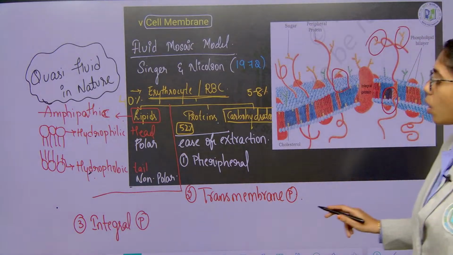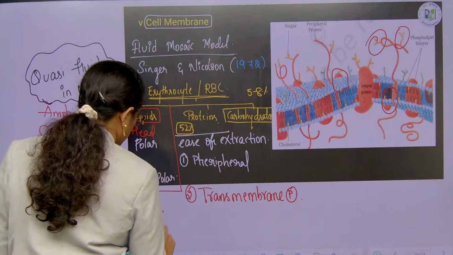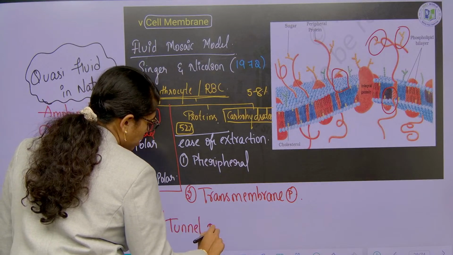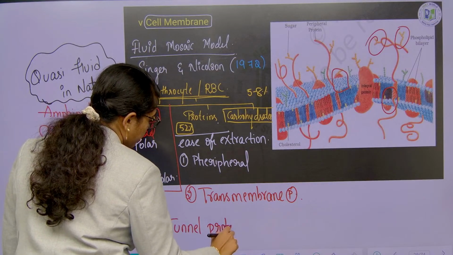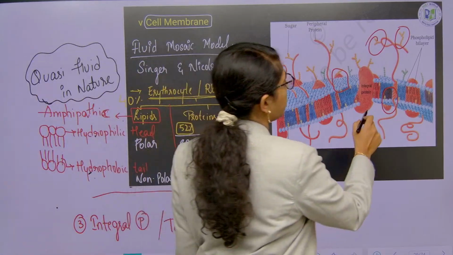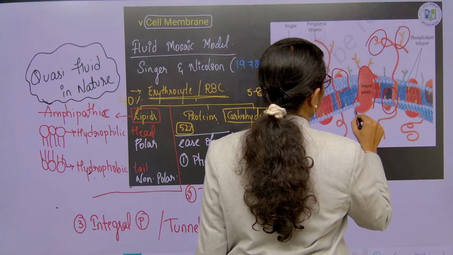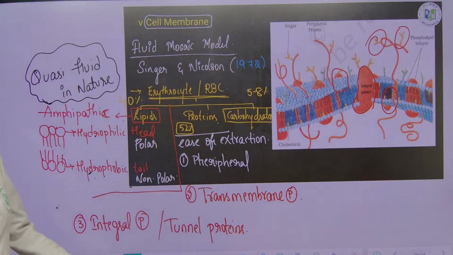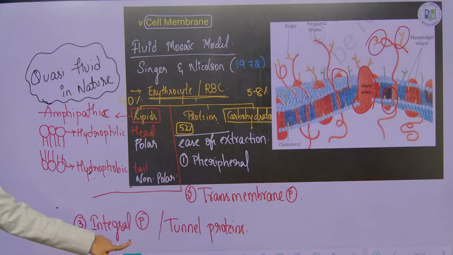Integral proteins are also known as tunnel proteins, as they are embedded inside the lipid bilayer, which transpan both the sides of the membrane.